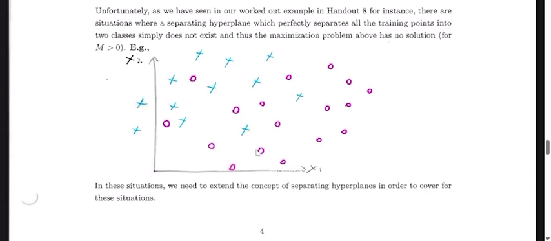And that was why I said in this situation, we need to extend the concept of the separating hyperplane in order to cover those situations. Can you see that now? We may not be able to have a perfectly separating situation, which means we need to consider some kind of soft classifier that allows overlapping and also allows misclassification, and that is going to be robust.